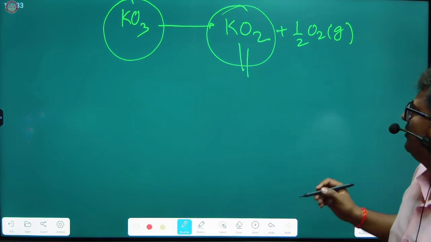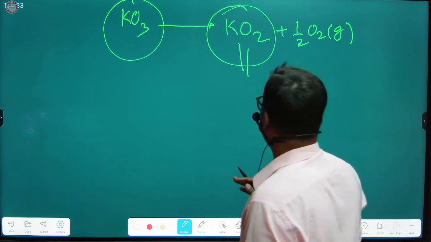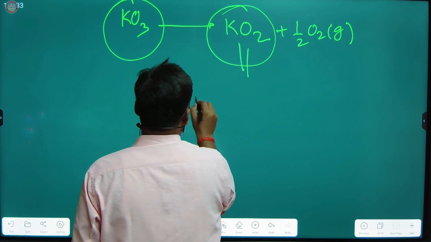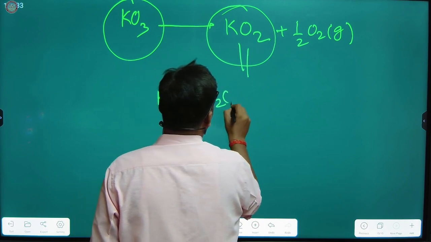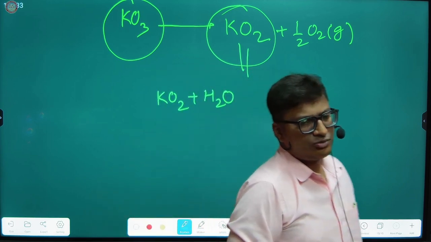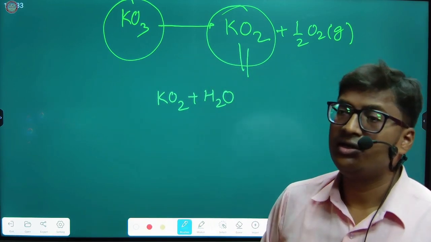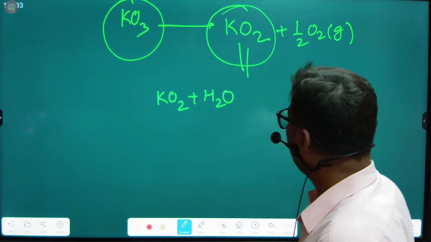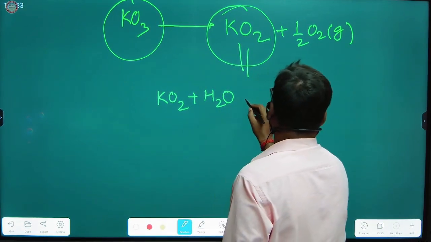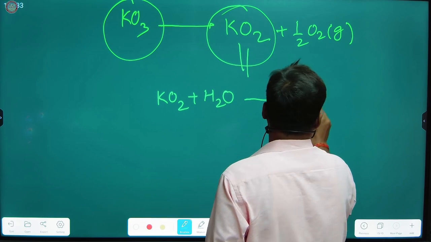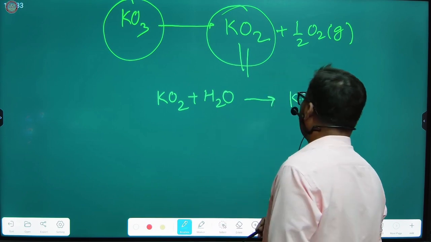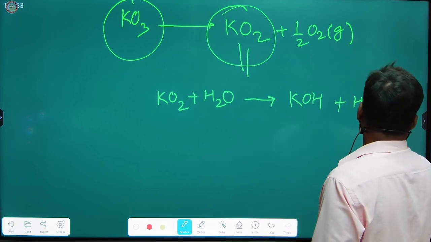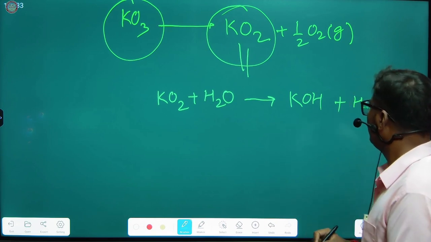So it can react with H2O. KO2 reacts with H2O. Once potassium superoxide reacts with this H2O molecule, it results in the formation of potassium hydroxide and H2O2, hydrogen peroxide, right?